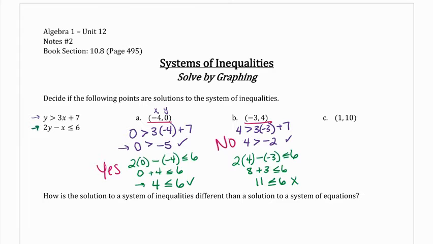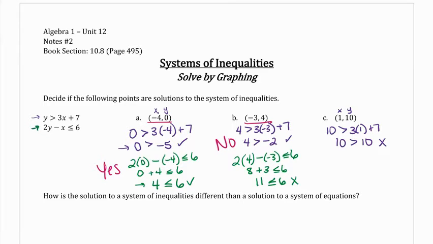And our last one, same thing, x and y. So 10 is greater than 3 times 1 plus 7. So 10 is greater than 10. Okay, now this one's a little bit tricky. This says that 10 is greater than 10. 10 is not greater than 10. 10 is equal to 10, but it's not greater than. So that is not a working inequality.